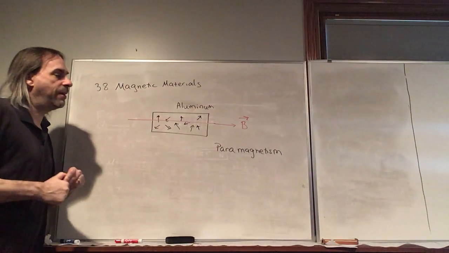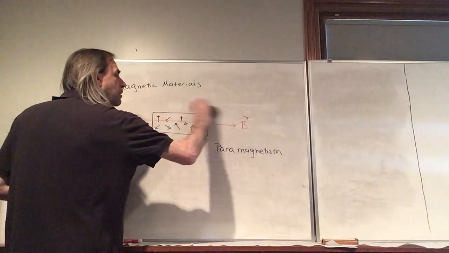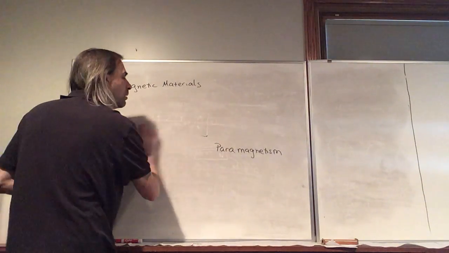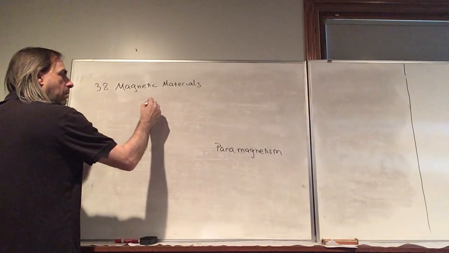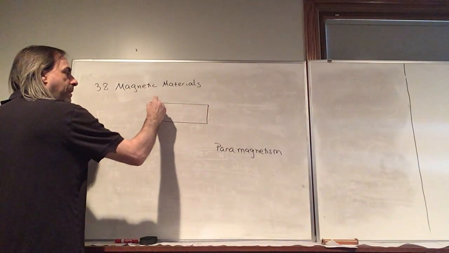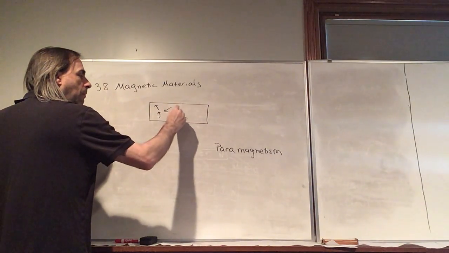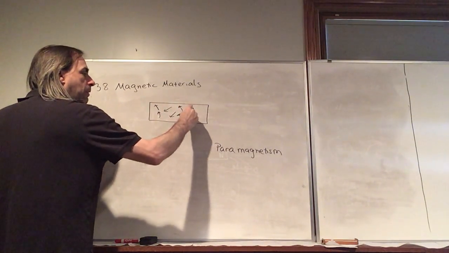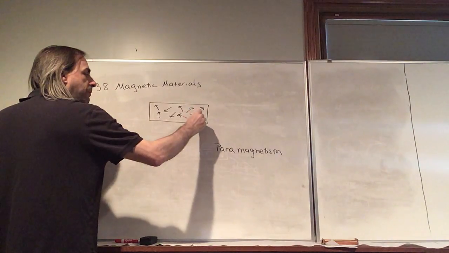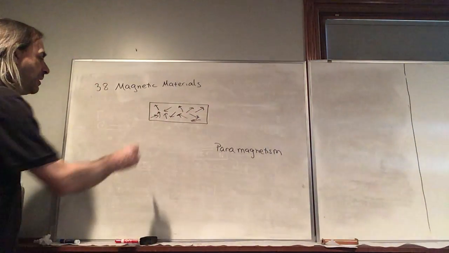So basically what we have is totally random. Maybe I should draw two pictures. Yeah, I'll draw two pictures. So here we have something that's totally random. Tons of individual magnets, but they're randomly oriented.